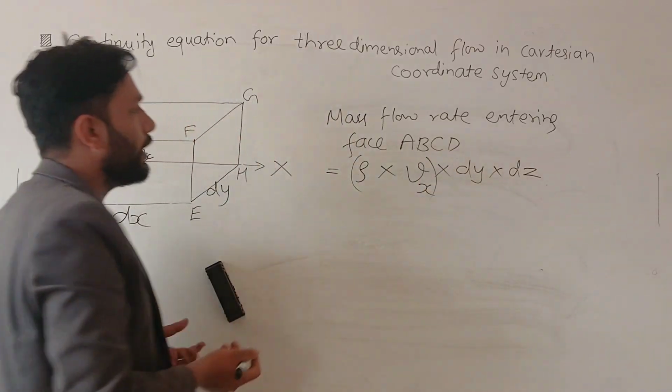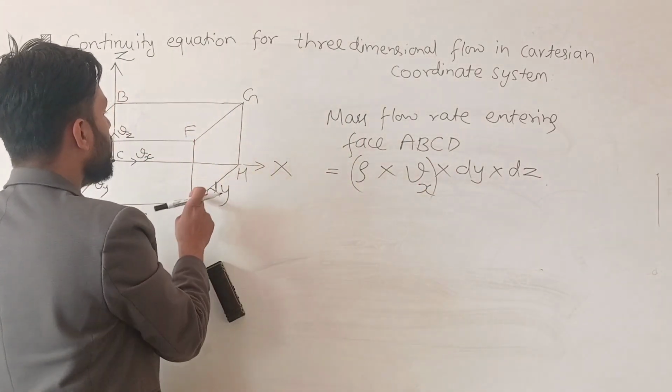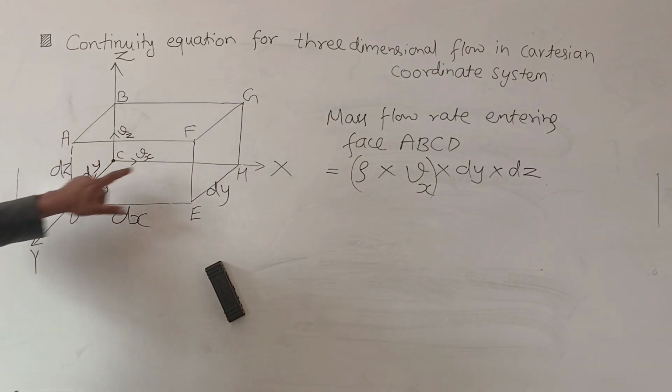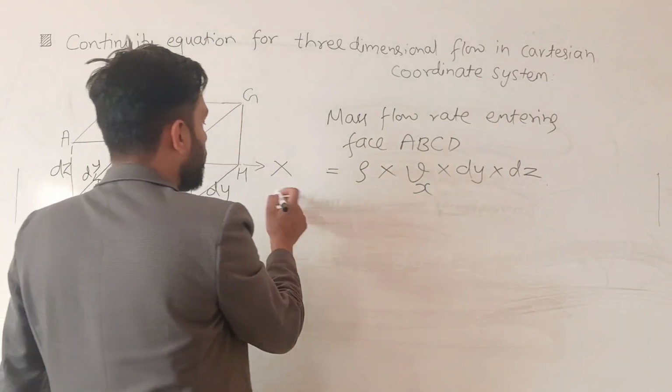So now let's find out the mass flow rate leaving face EFGH. It enters from face ABCD and leaves from face EFGH. Let's calculate the mass flow rate leaving.